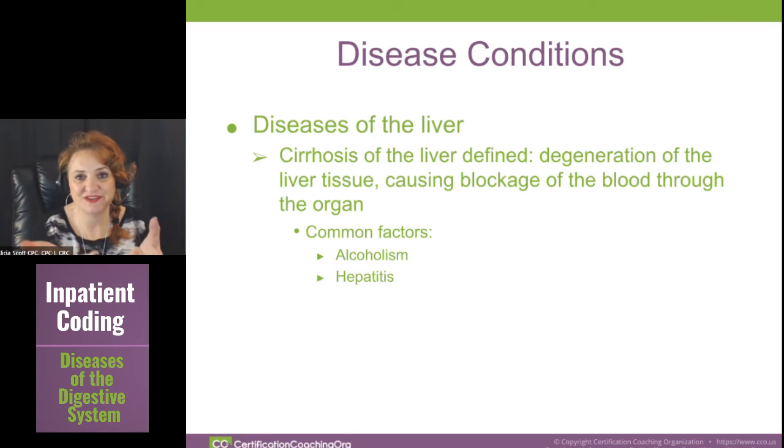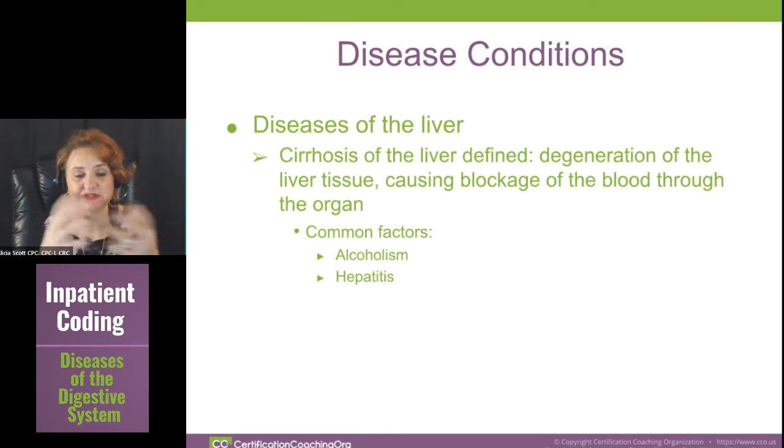If the coffee filter that you use is clogged, right, hardens up, and then the coffee grounds sit there, and it can't leak through the rest of it, then you've got a problem. What are the most common things that cause cirrhosis of the liver? Well, alcoholism. With chronic drinking of alcohol, the body can't filter that out through the liver.